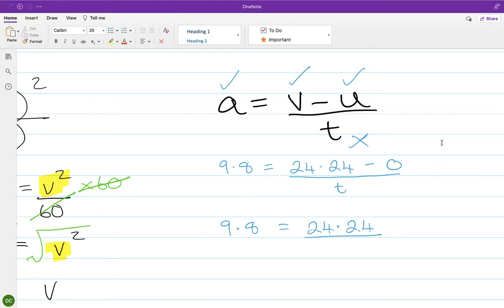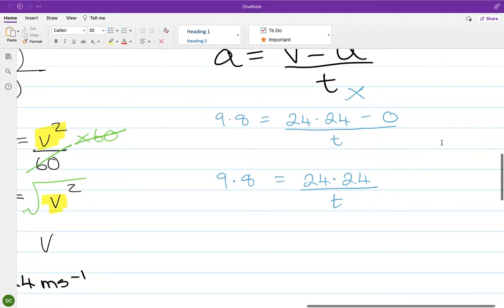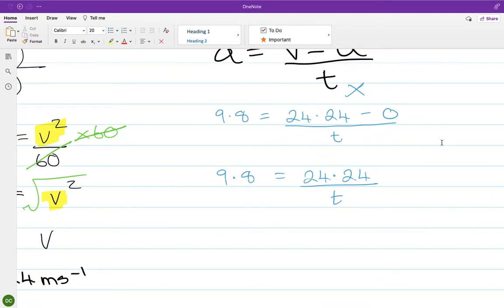24.24 over t. Now, when the thing you're looking for is on the bottom, it's always awkward because we want to isolate it, but we also want to get it off the bottom. So you have to get it off the bottom first and then isolate it second. At the moment, the 24.24 is being divided by t. That's what that line in the middle means.